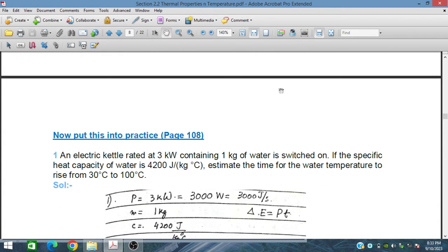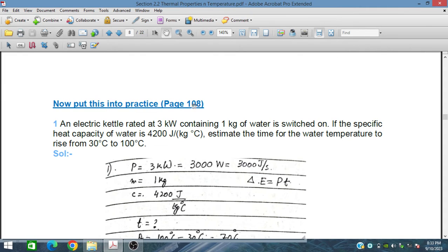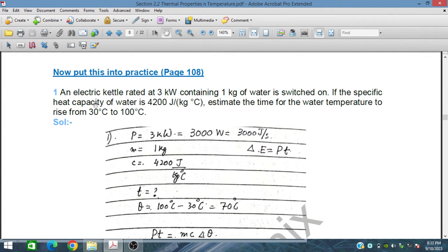Now put this into practice on page 108. An electric kettle rated at 3 kilowatt, containing 1 kilogram of water, is switched on.